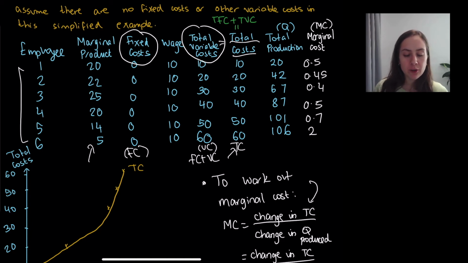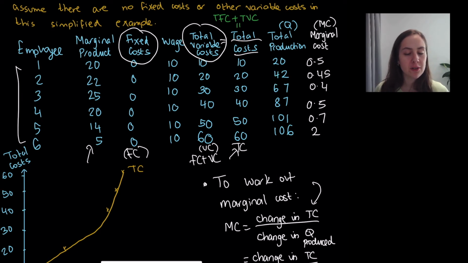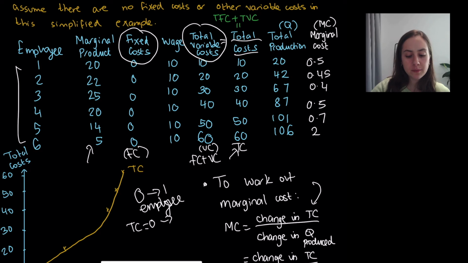And now that we have the total cost, we can work out marginal cost. The change in the total cost is what? As you go from 0 to 1 employees, your cost goes from 0 to 10. So the change in total costs is going to be 10 divided by the change in the quantity produced.